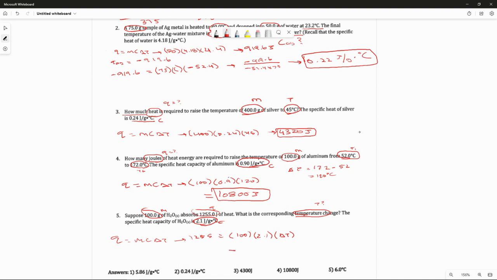Then your T value, your temperature change value that it asks for, is going to be around 5.9, which I want to round to 6 degrees Celsius. So your T value is going to be 6 degrees Celsius. All right.